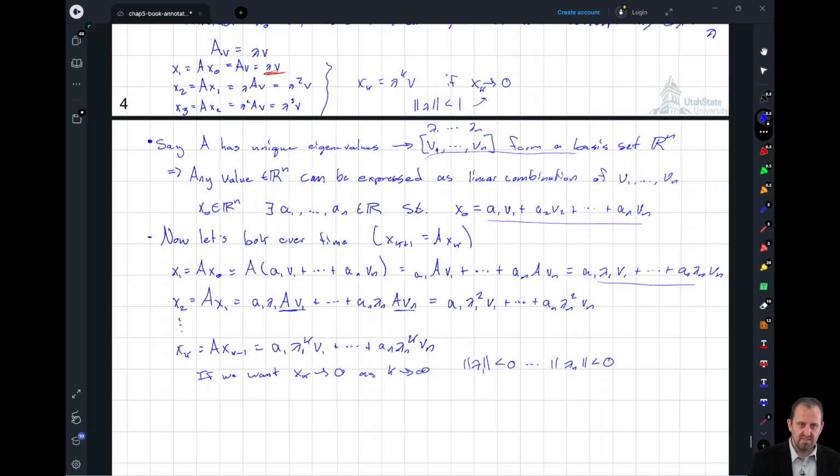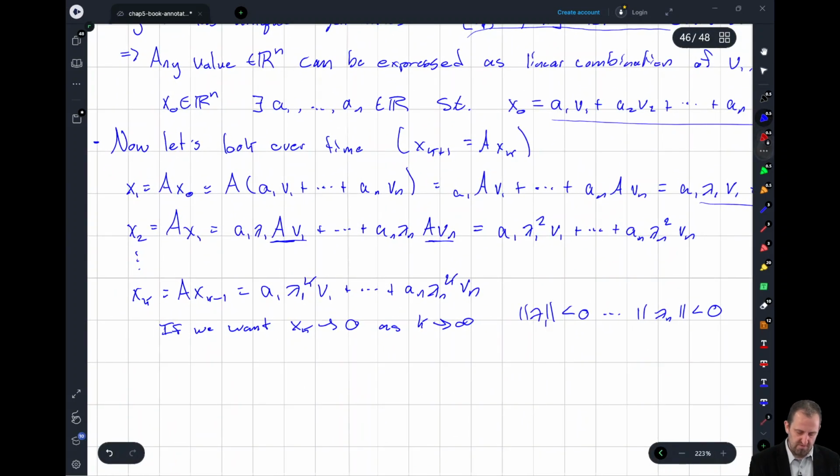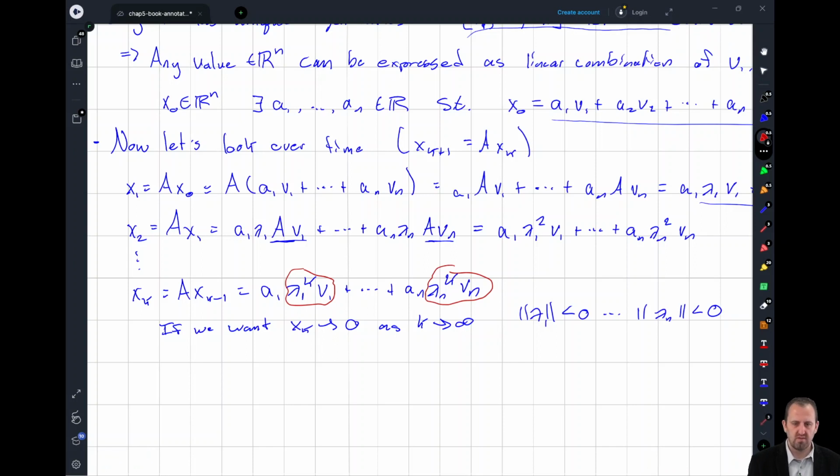But regardless of whether or not they are, we can see that our system evolves according to our eigenvectors and eigenvalues, scalar multiples of them, a1 up to an multiplied by them. As our system evolves over time, it just evolves according to the scalar multiples of these eigenvectors, which is really cool.